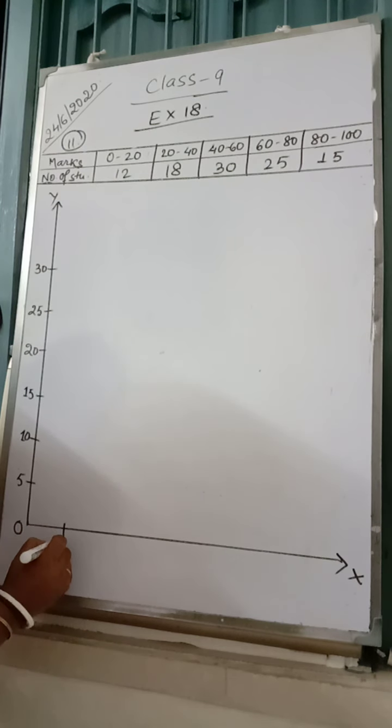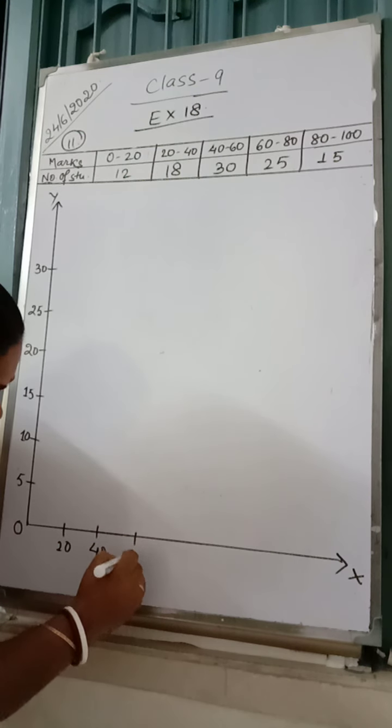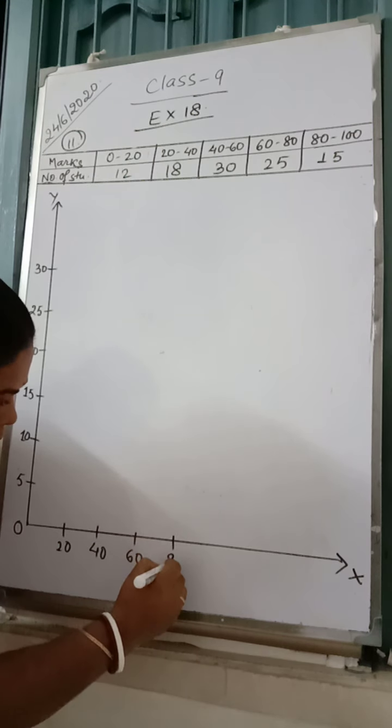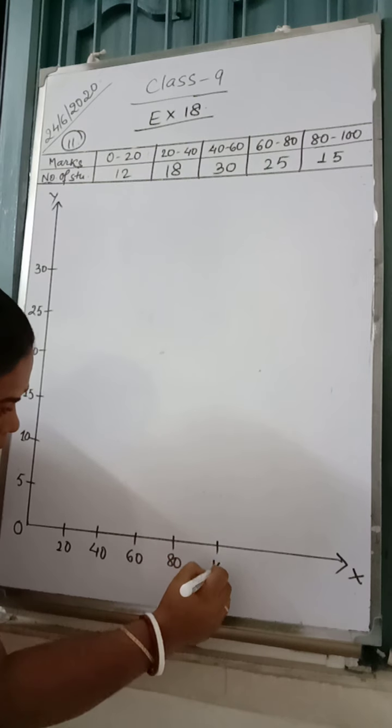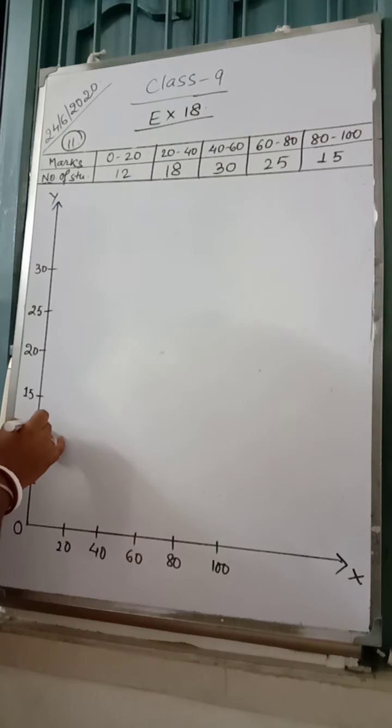Now here 20, 40, 60, 80 and 100. I have marked it. Now 0 to 20, it is for 12. So that would be somewhere here between 10 and 15.